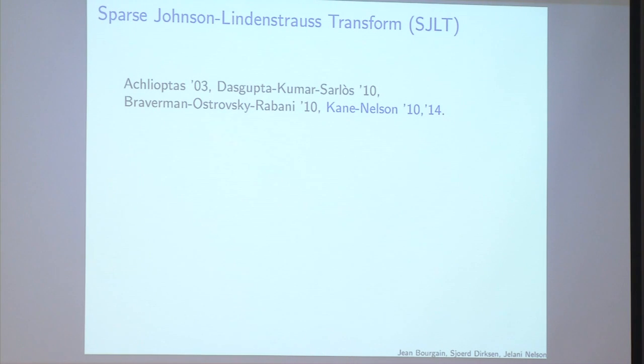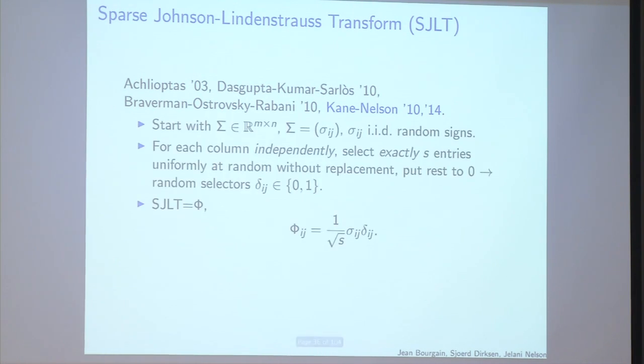I'm going to take a very intuitive implementation from a paper of Daniel Kane and Jelani Nelson. It runs as follows. Start with a random sign matrix, and then for each column independently, select S elements uniformly at random. These elements you keep, the rest you zero out. So this leads to some selector variables delta ij, which are 0, 1.